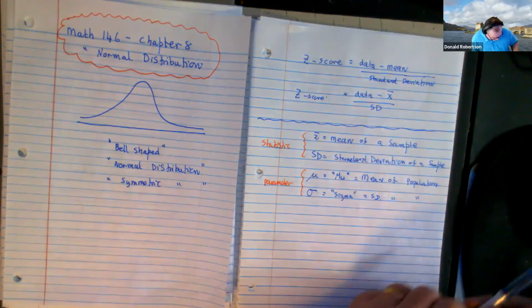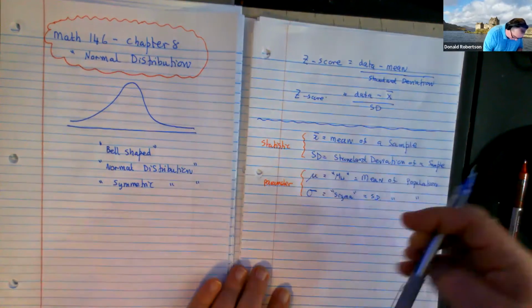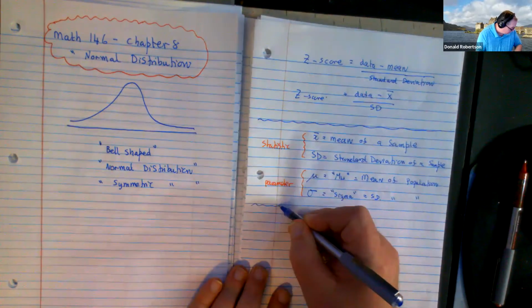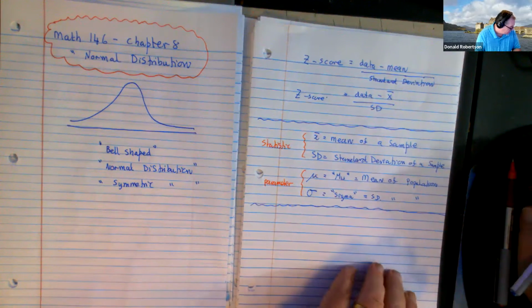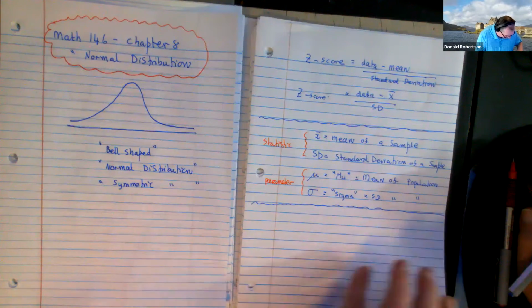So we're going to bring together this, this, and this. So the first couple of questions are all about finding a z-score, and we're going to be using this version of the z-score. Data, take away mu, over sigma.